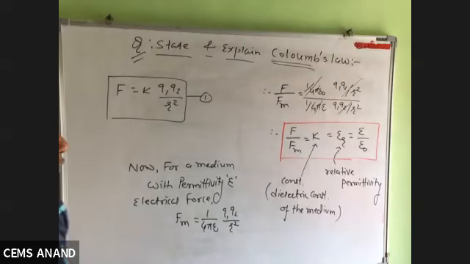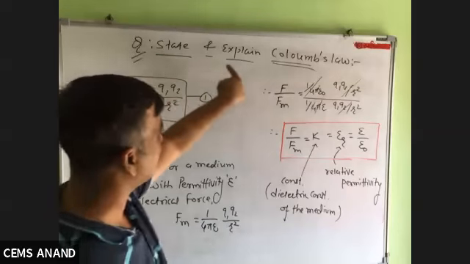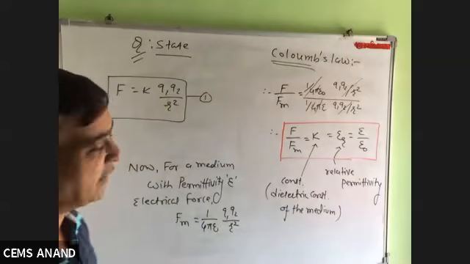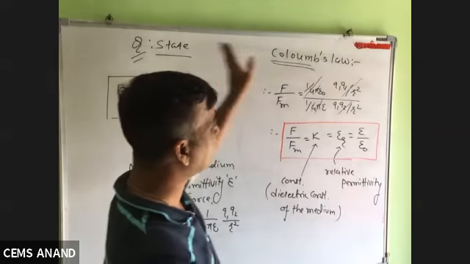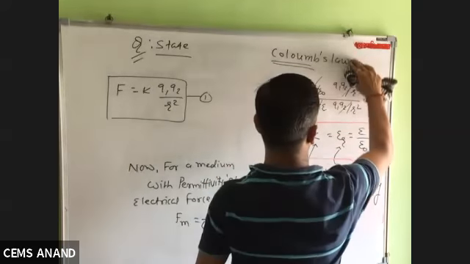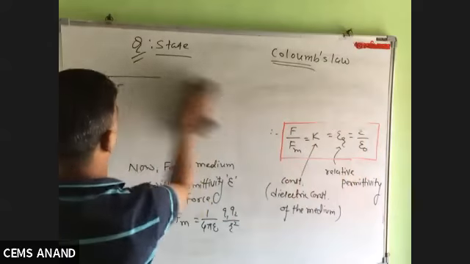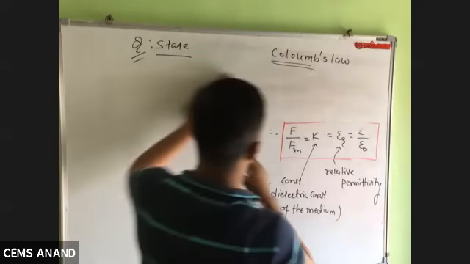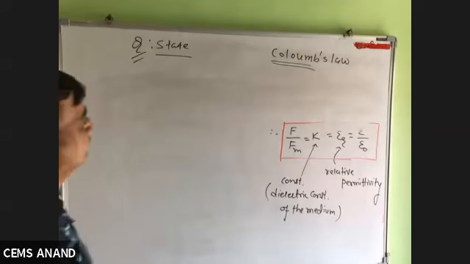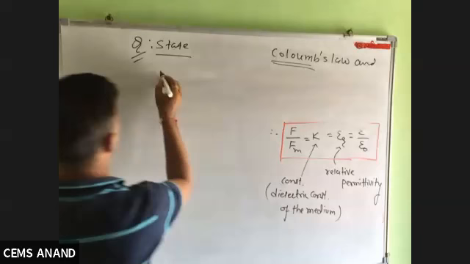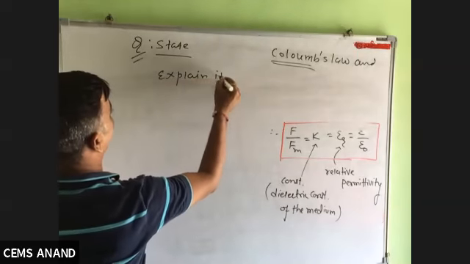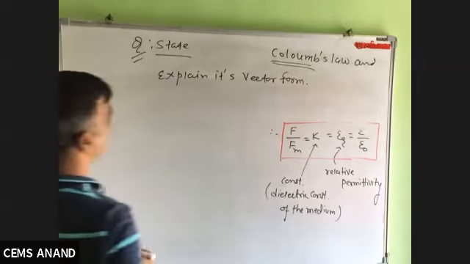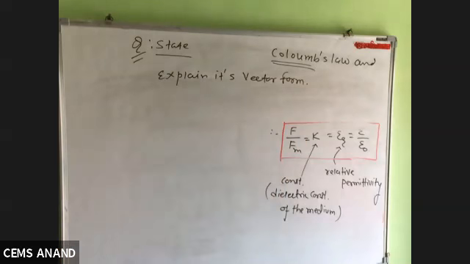Now again write down a new question: state Coulomb's law and explain its vector form.